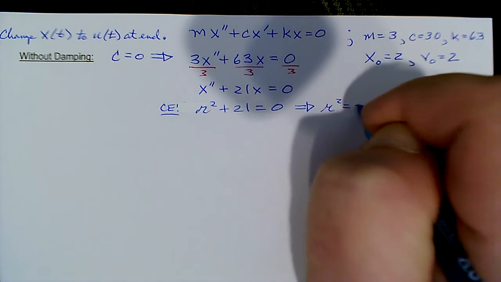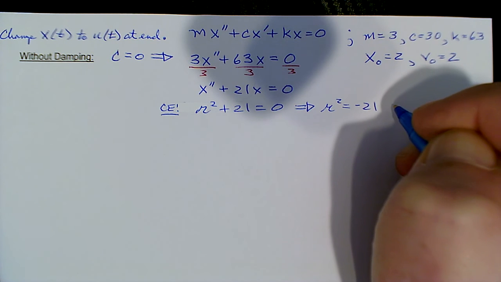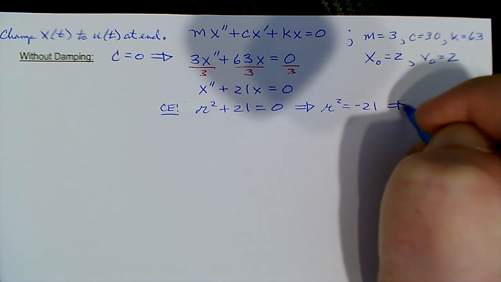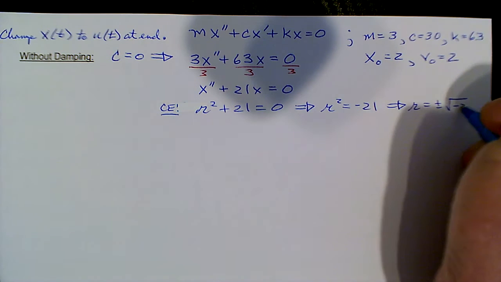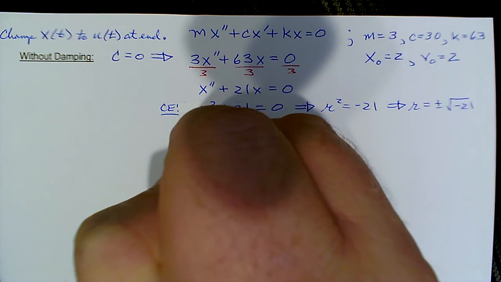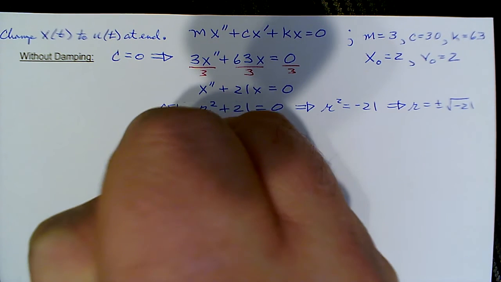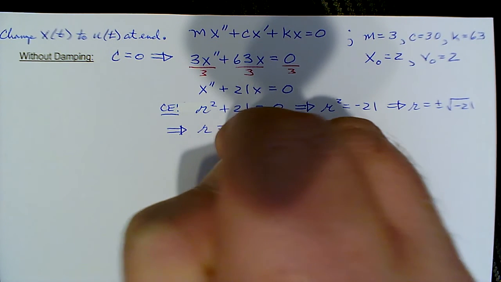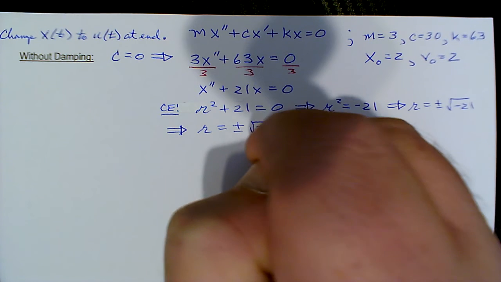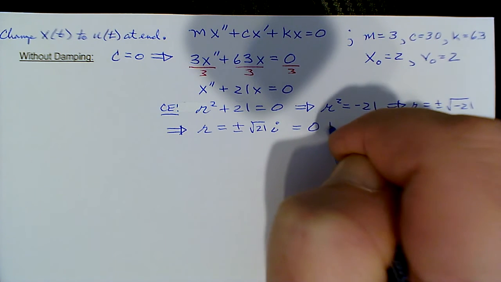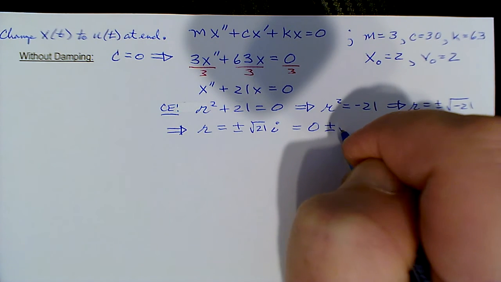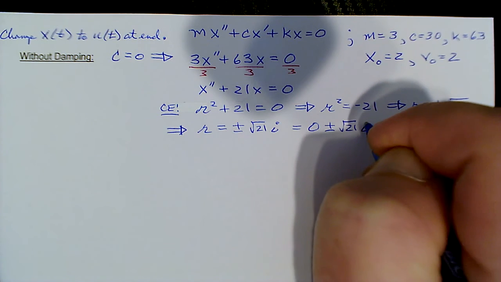So r squared is negative 21. Take the square root of both sides. So r is plus or minus square root of negative 21. And so therefore r is plus or minus square root of 21 times i. And if you want, you could write it as 0 plus or minus square root of 21 i.